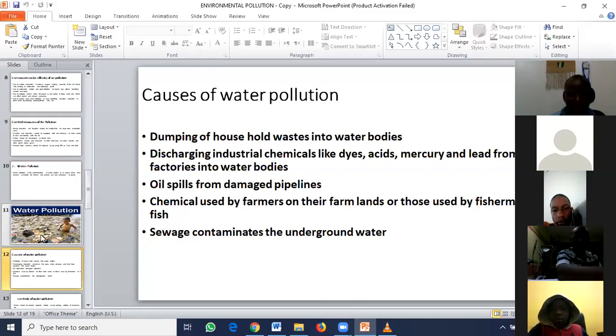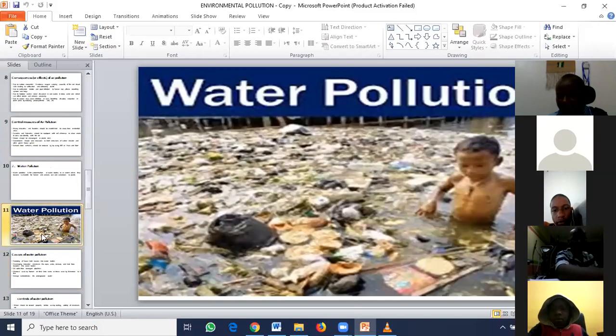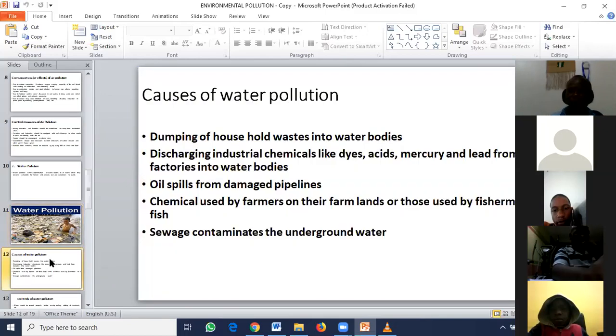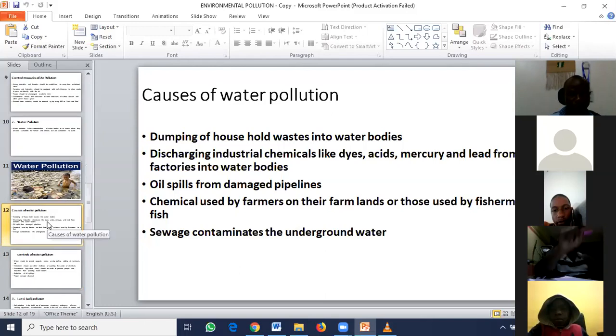You can see in this picture that it is waste majorly from domestic use inside our homes and houses that are kept here. Okay, so oil spillage too, use of chemicals, maybe by farmers, by fishermen, then seepage of underground water or sewage, they cause water pollution.